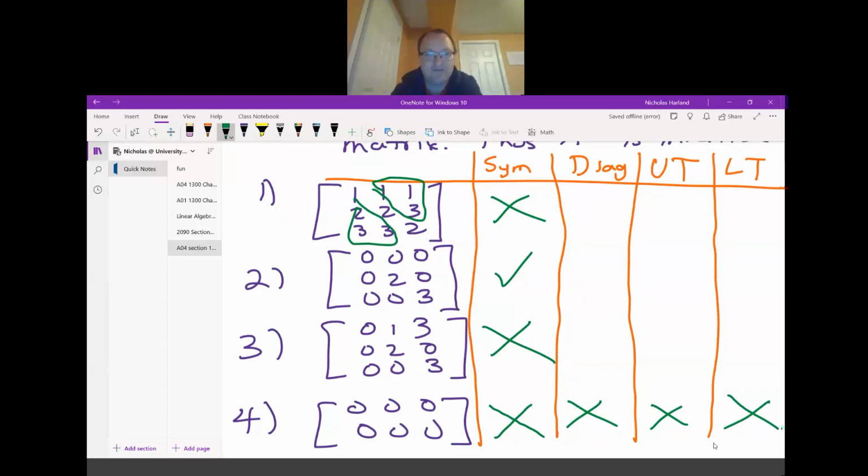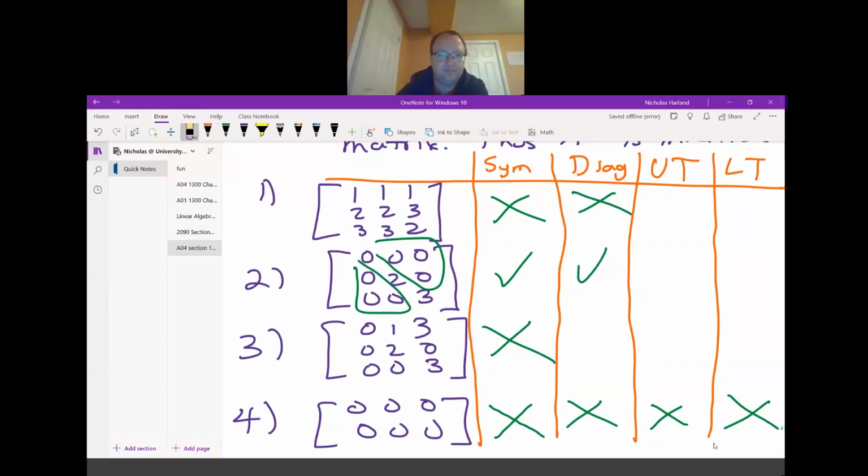And these off diagonal entries are certainly not all 0. So that's not diagonal. How about number 2? Yep. If we take a look at all the entries off the diagonal, they're all 0. How about number 3? Number 3, yay or nay?